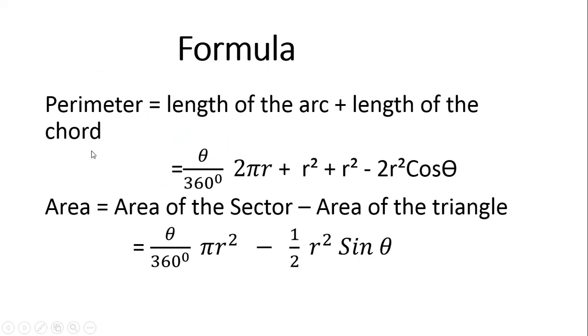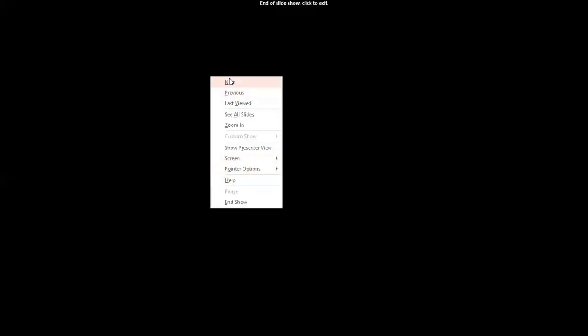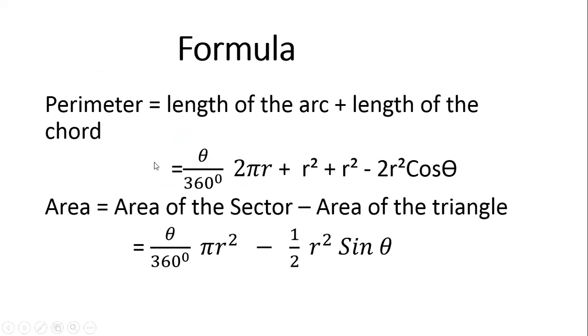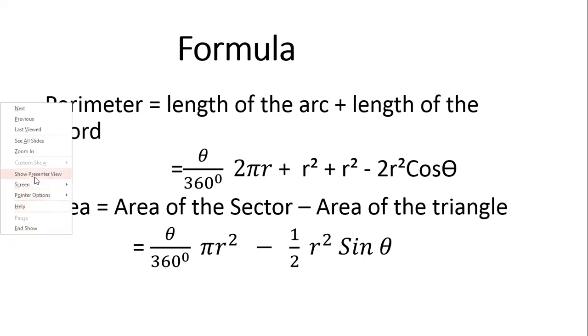Then the length of the chord can then be determined. You know, we are talking about the part that is cut out. And what part is it that is cut out?